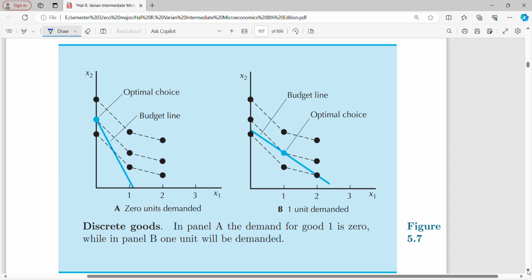When the price decreases further, the consumer will choose to consume more units of good 1. Good 1 could be a car or any other particular good. Good 2 will be the money the consumer is ready to spend on goods other than good 1. So how will the consumption bundles come?